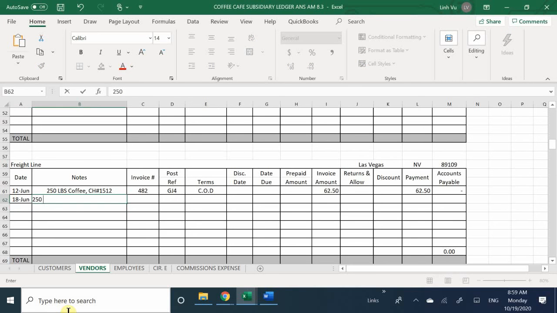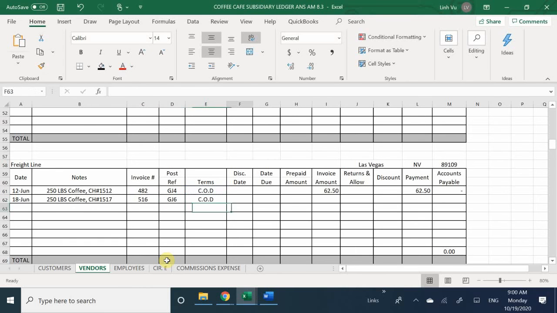Check number 1517. Invoice tab 16. Journal 6. COD. Payment of 64.50.